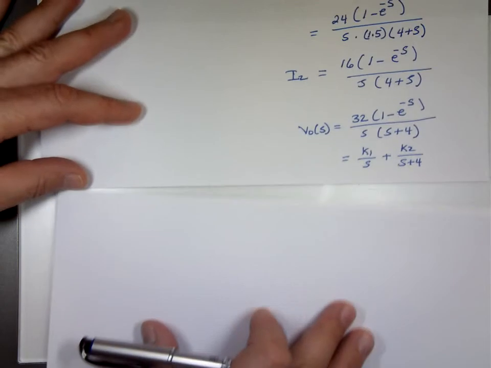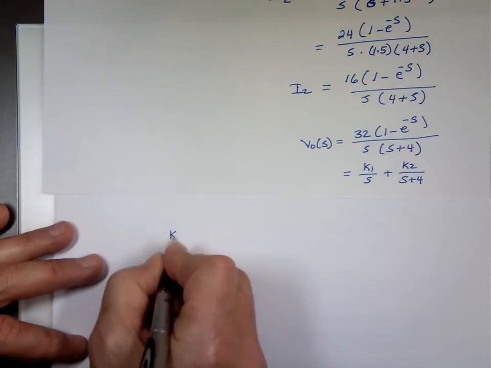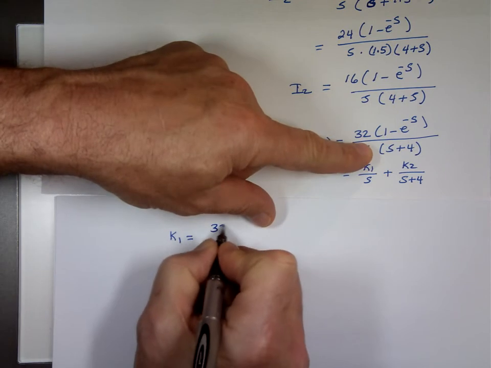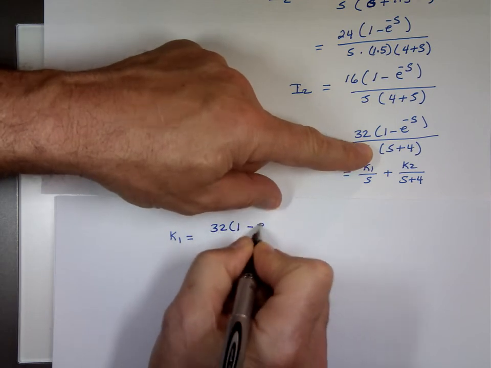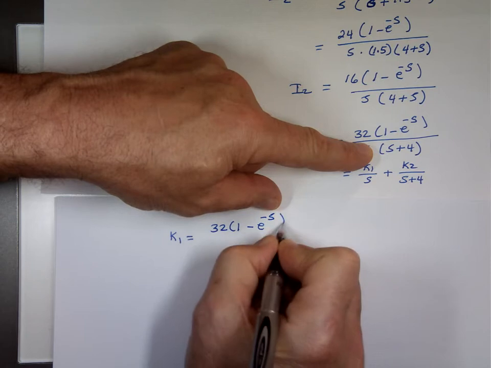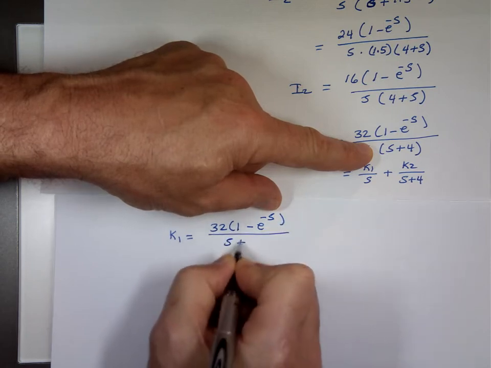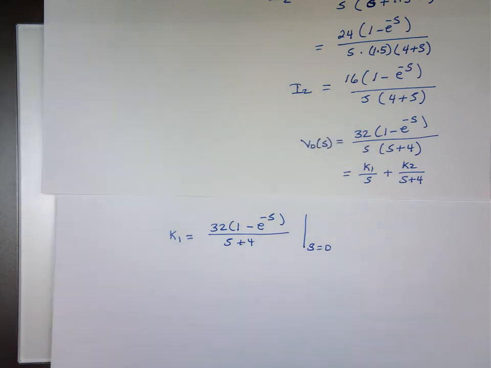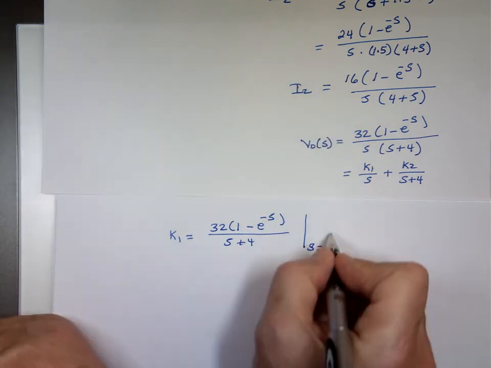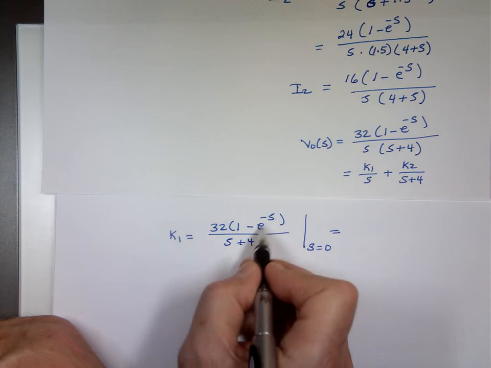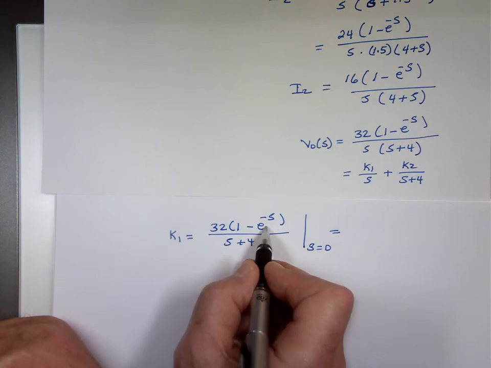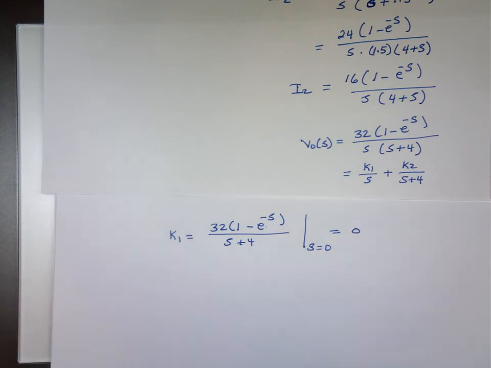To get k1 sitting on top of s, we take s out of that: 32, 1 minus e to the negative s over s plus 4 when s equals 0. When s equals 0, what's e to the 0? 1. 1 minus 1, 0. 32 times 0 looks like 0.